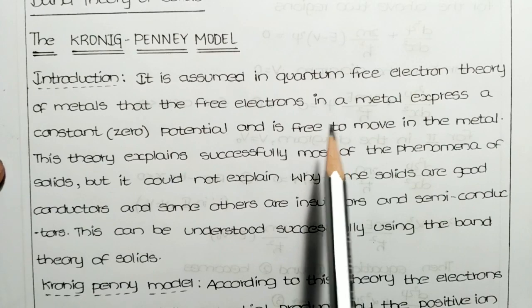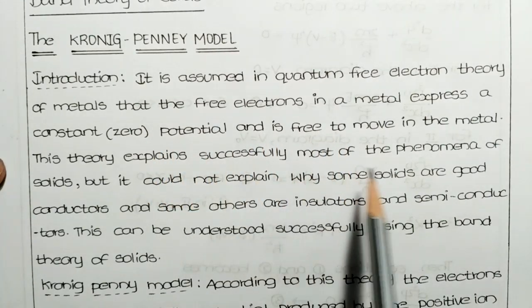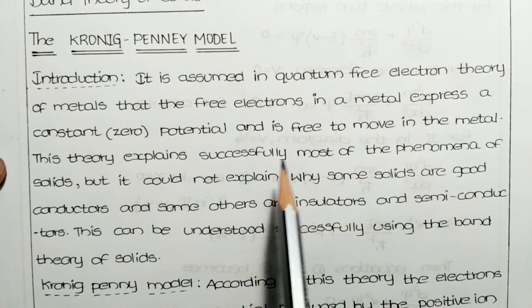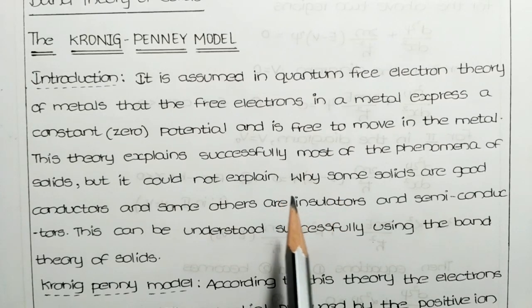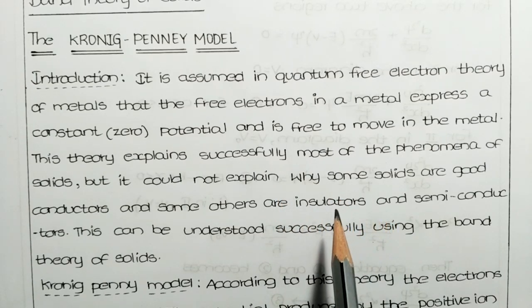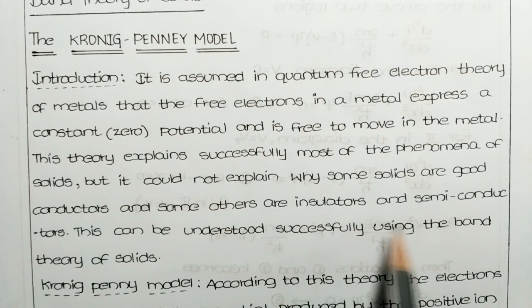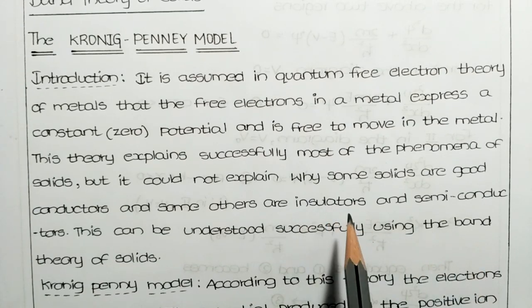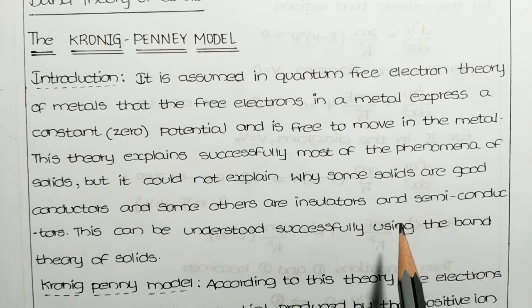This classical free electron theory failed to explain the types of conductors. That means why a material allows current, why a material does not allow it, and why certain materials allow current only partially. So that's why it was a failure.